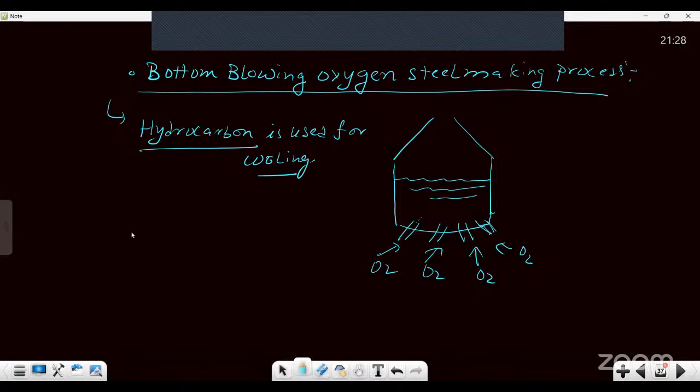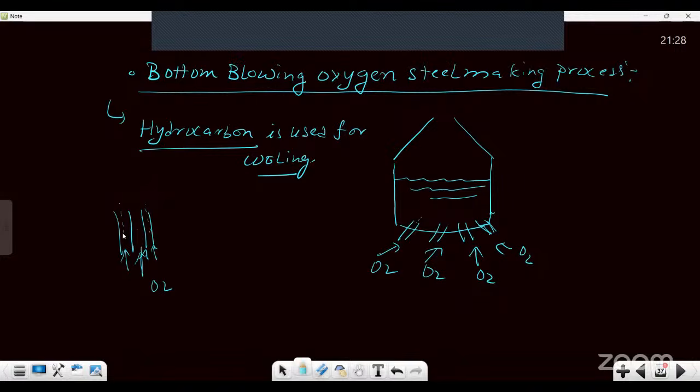So see, suppose from here we are blowing the oxygen. On the side, we will have hydrocarbons. These are the channels for hydrocarbons. Now, what happens is that hydrocarbons are going through these side channels, and in the middle oxygen is going. Cracking of hydrocarbon takes place at high temperature, because oxygen blowing in the middle channel is increasing the temperature.